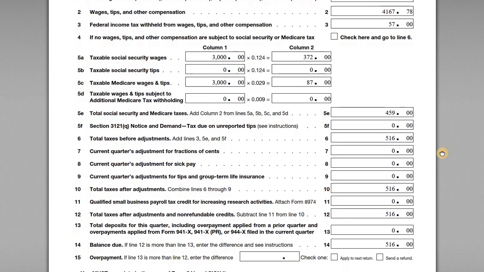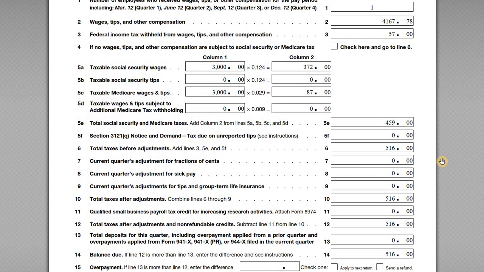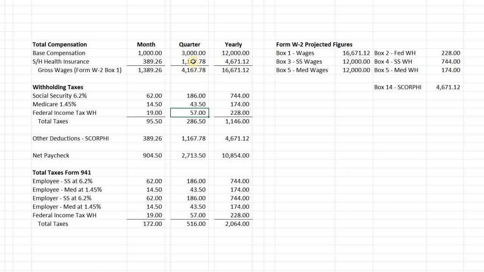Now, lines 5A through 5D is where we report those total wages that are subject to FICA, right? The Social Security and Medicare taxes. So column 1, where we report the wages that are subject to these taxes. So 5A, taxable Social Security wages, we have $3,000. So it's $3,000 because remember, we're not including the shareholder health insurance as subject to Social Security or Medicare.